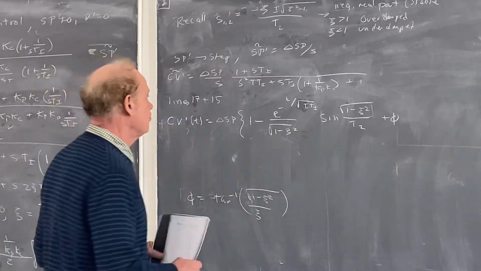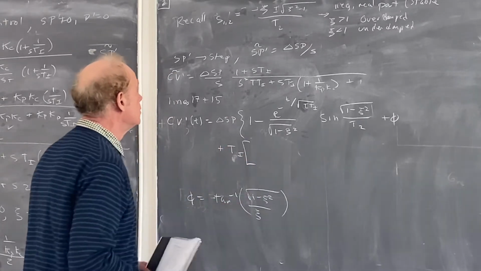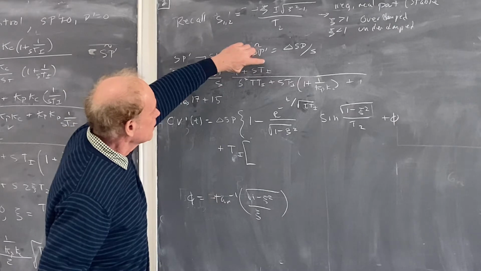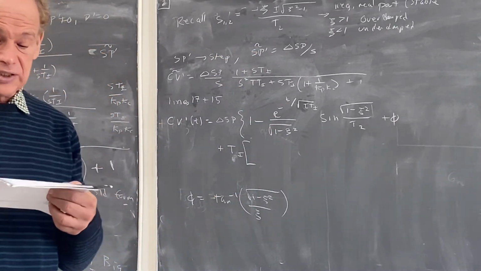In the second term, I have plus a TI times, and here the s's cancel, and I have TI divided by a quadratic. That's line 15 with a equal to 0.